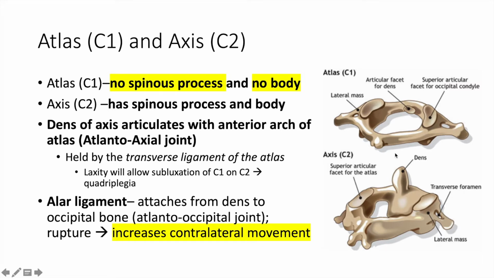But there's this part called the dens, and it comes up and articulates with the anterior arch of my atlas, and that's called my atlantoaxial joint. That is held together by my transverse ligament of the atlas. If there's laxity, that can cause subluxation of C1 onto C2, and that can cause quadriplegia.